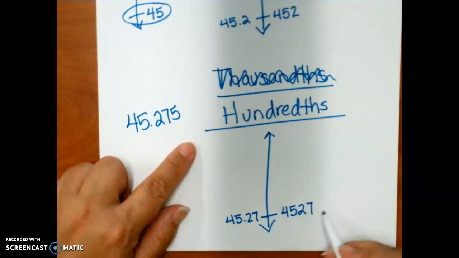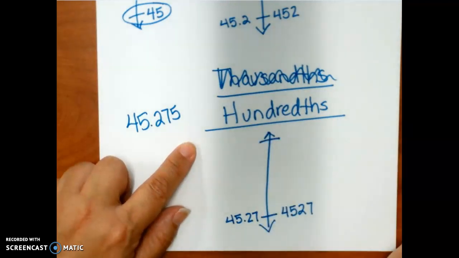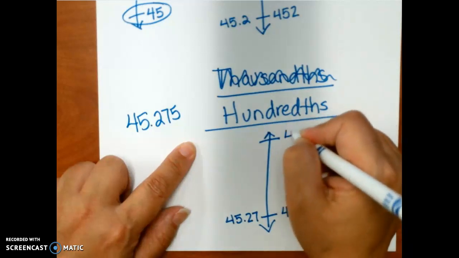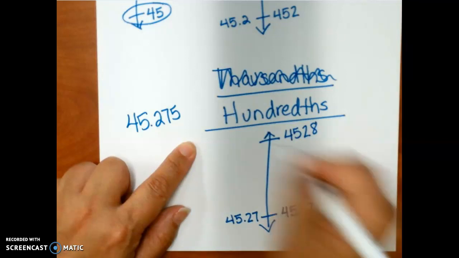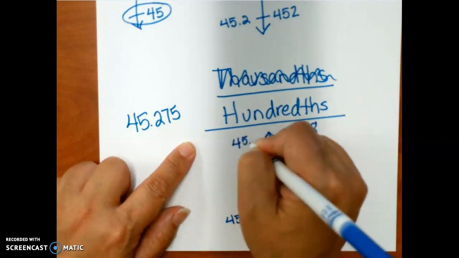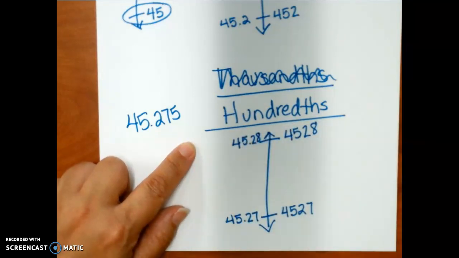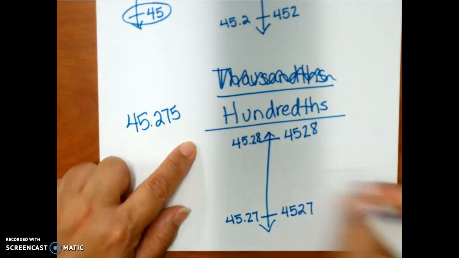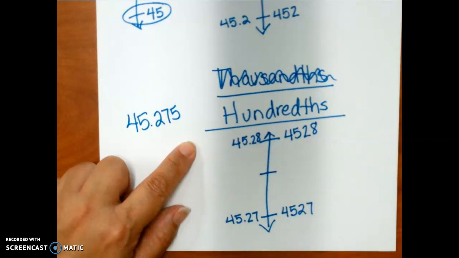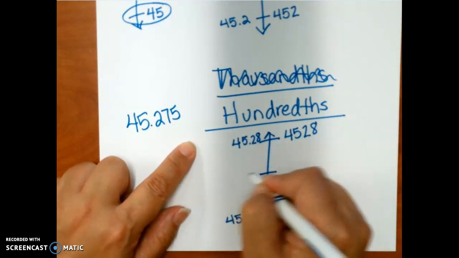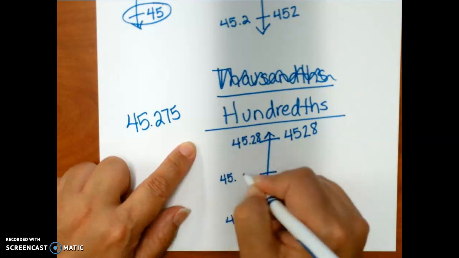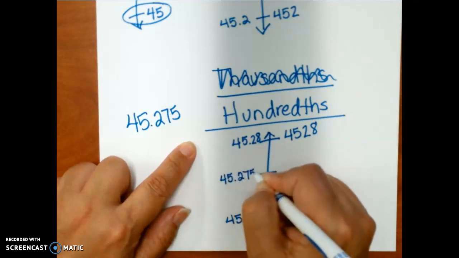What's 1 more than 27? 28. So the top of my number line would be 45 and 28 hundredths. What's halfway in between? Halfway in between would be 45 and 275 thousandths.